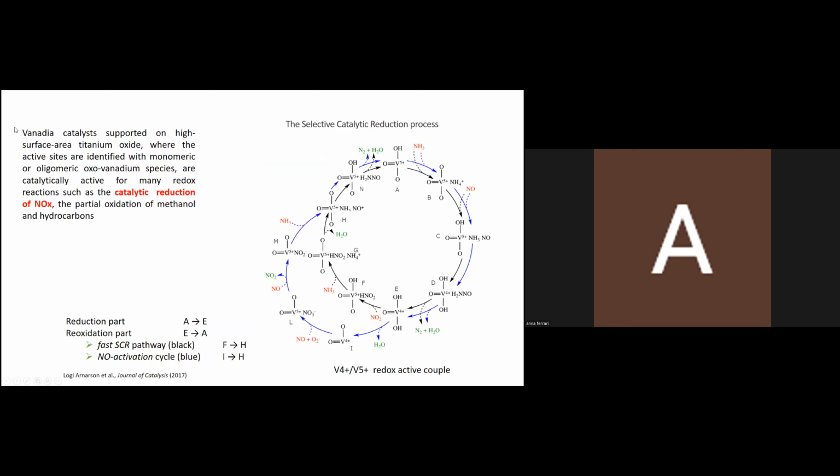In particular, my interest is vanadium catalysts that are used for the catalytic reduction of nitrogen oxides. Nitrogen oxides are very bad particles, because they derive from the combustion or oxidation of fuels from vehicles, for transport, for heating.